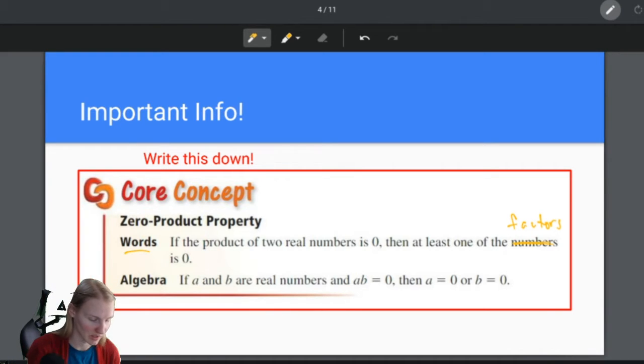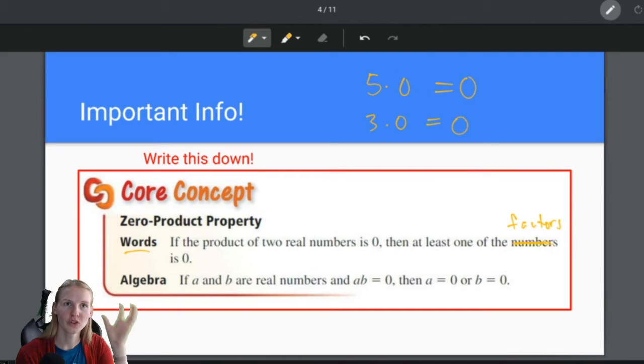To give you an example of that, if I multiply 5 times 0, I get 0. If I multiply 3 times 0, I get 0. The only way to multiply two numbers together and have it equal 0 is if one of these numbers is 0. That's what they're saying here: if I'm multiplying a times b and I get 0, either a is 0 or b is 0.